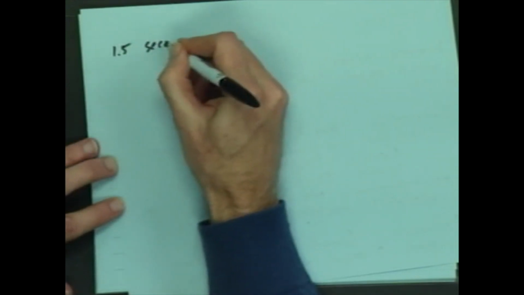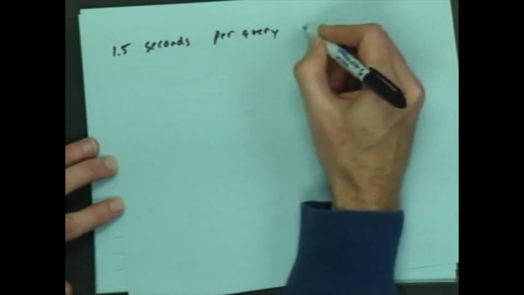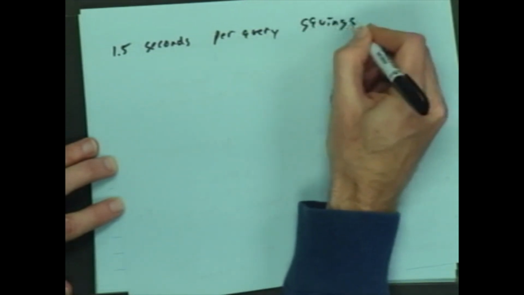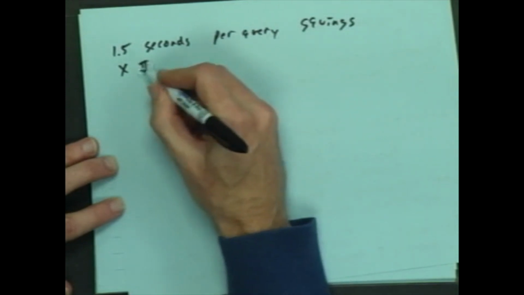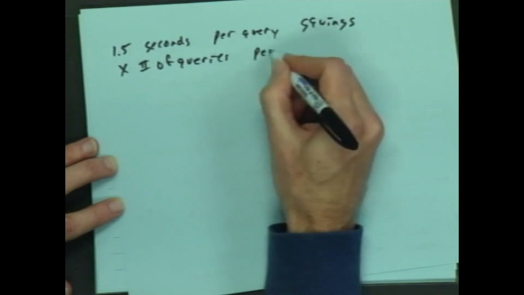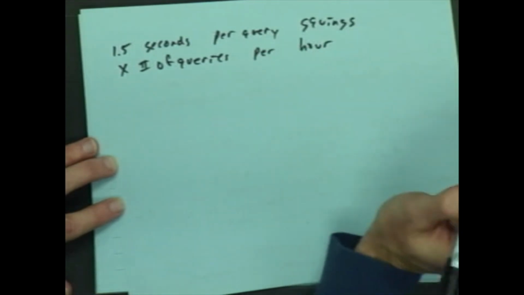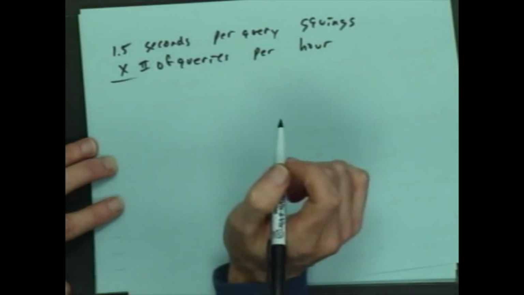Then I take this 1.5 seconds per query savings, and I multiply it by the number of queries, let's say per hour. So how many times do people use this thing an hour? And we have that in our logs, right?